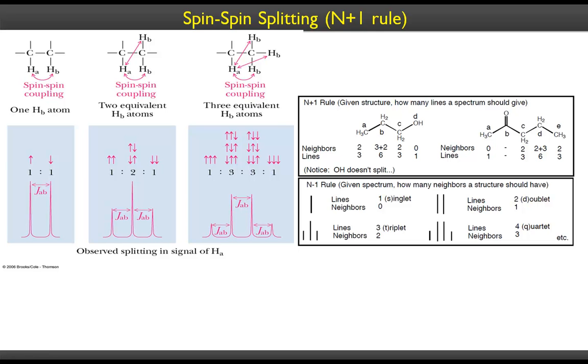Just for convenience's sake, to have some reference to nullify the effect of the different field strengths, we have invoked something called ppm or chemical shifts, but ppm can be converted back into hertz if you know the field strength, or the other way around, right? So these distances between the peaks of the same hydrogen is called the coupling constant.